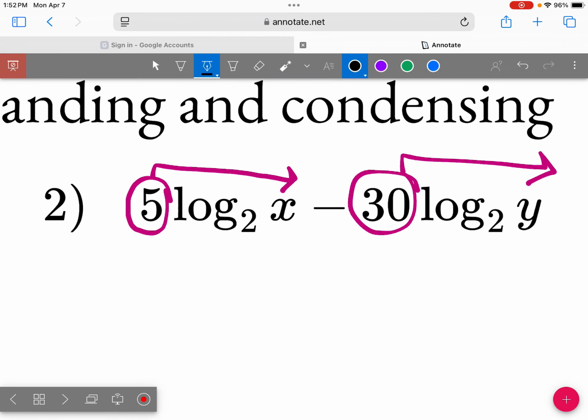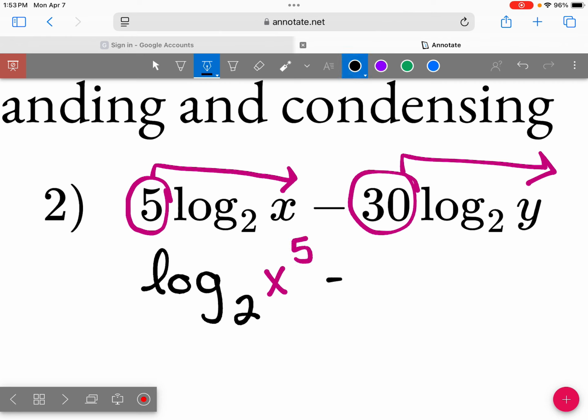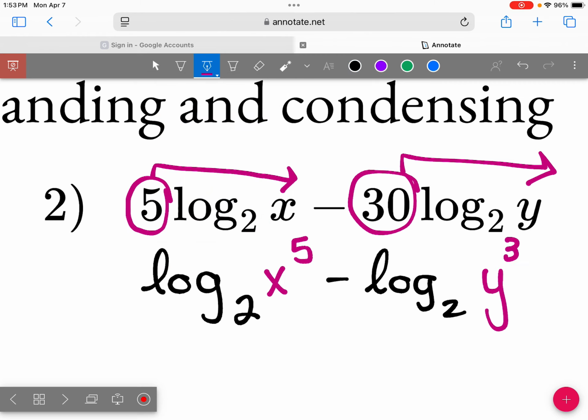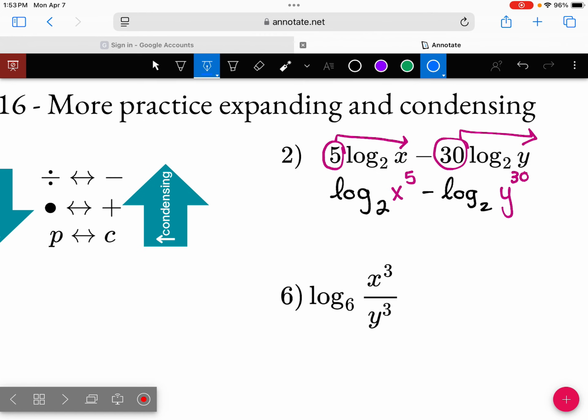So our first step when condensing this is writing it as log base 2 of x to the 5th minus log base 2 of y to the 30th. So we're raising those coefficients up as powers. What can we do next? We are going to switch our subtraction to be division.